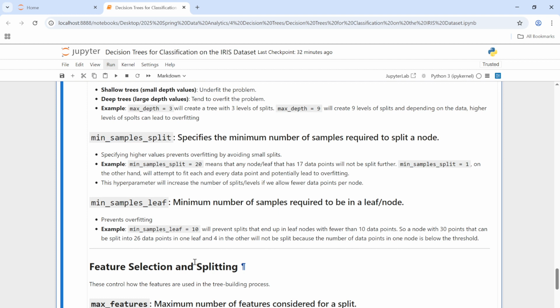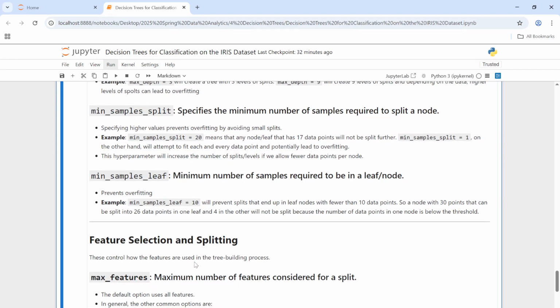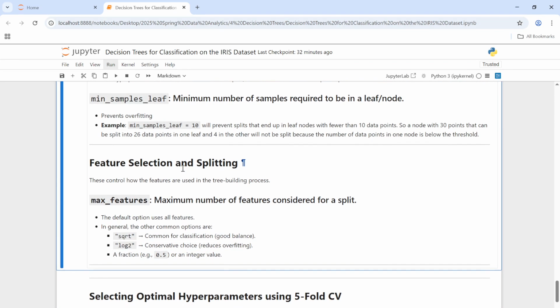So this allows you to truncate the tree and prevent overfitting. And minimum number of samples per leaf also does a very similar task. It controls overfitting, and also prevents the tree from becoming overly large and fitting each and every data point.